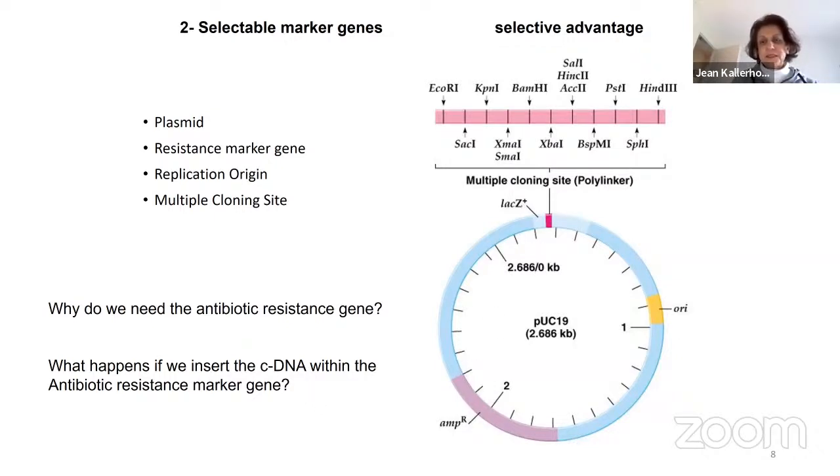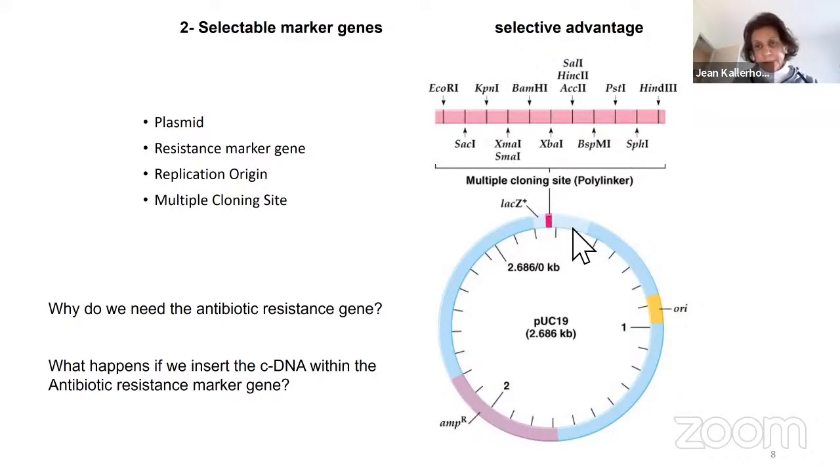So this is a typical plasmid. You have the origin of replication. Here you have AMP-R. This is a gene that encodes resistance to ampicillin. Ampicillin is an antibiotic, okay?